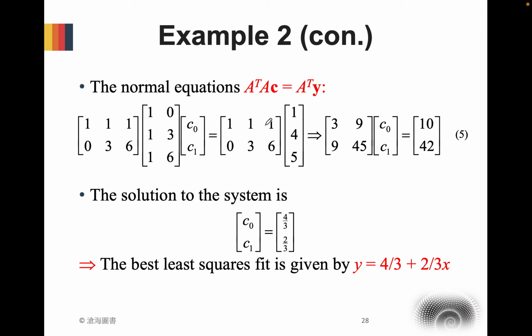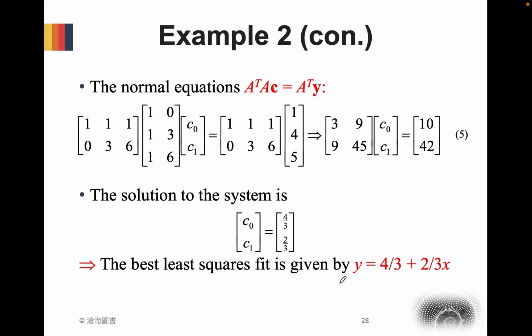Now, we just follow the formula of the least squares solution. So we just write down the corresponding normal equation and solve it. So finally, we get c0 equal to 4 divided by 3, c1 equal to 2 divided by 3.